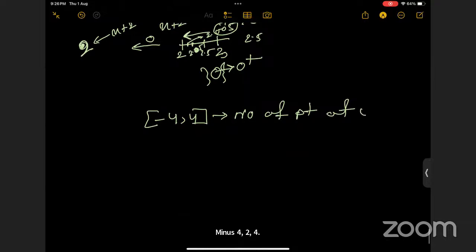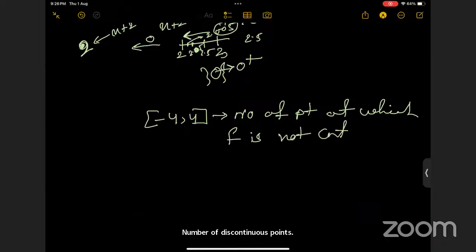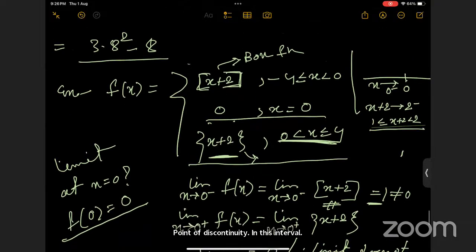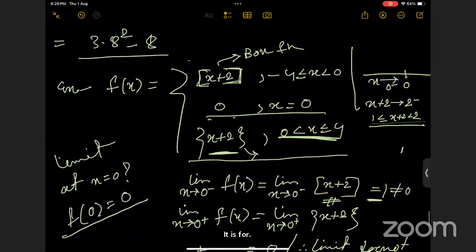Number of discontinuous points. Good. Very good. Number of points of discontinuity in this interval. Whenever it is not an integer? It is for the fractional part, isn't it? Is it always the case?